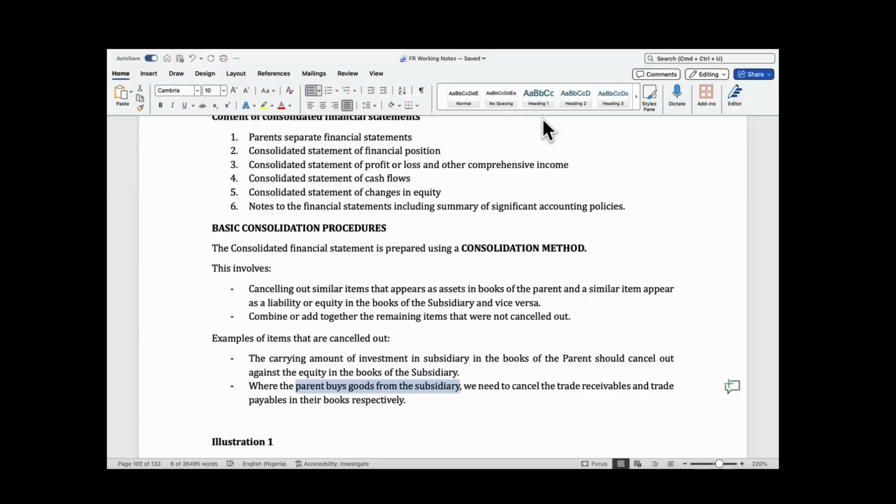And examples of such, I said, when in the parent book, you have investment in the subsidiary. In the subsidiary, you have equity. The same items, cancel them out. Or where they sell or buy goods from one another and they're having receivables and payables, cancel them out. Any form of transactions between one another, cancel them out. That is what we mean by consolidation.